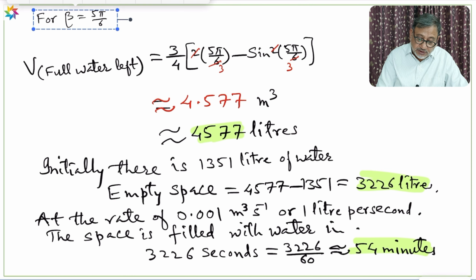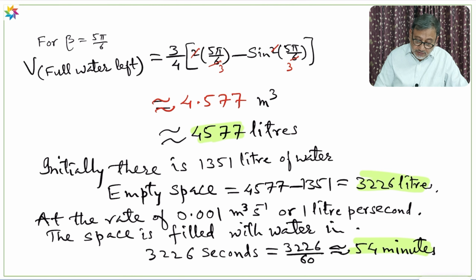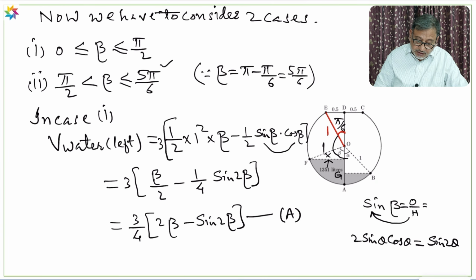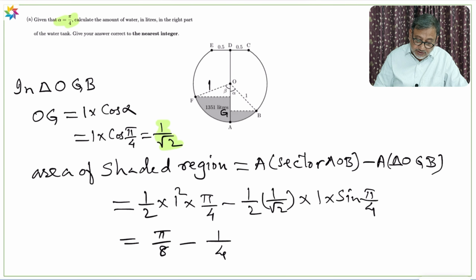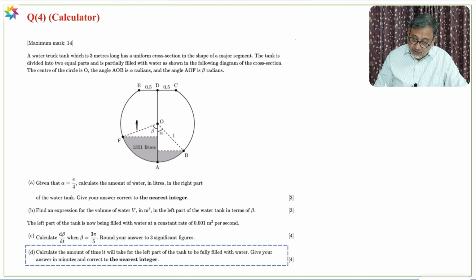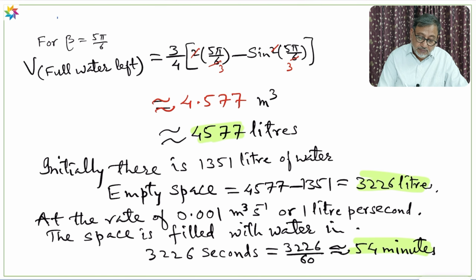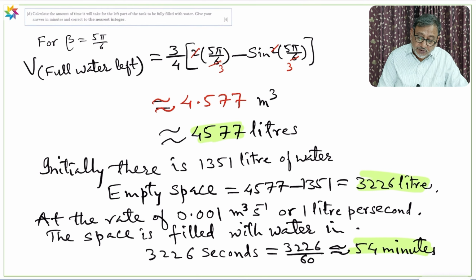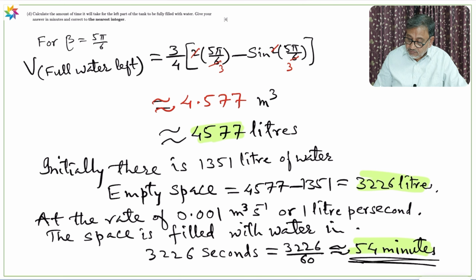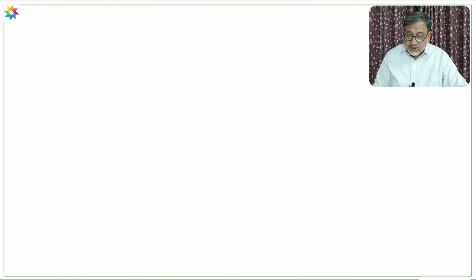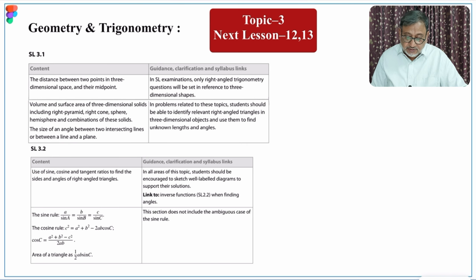Let me reduce it. And I will copy the D part here, because they want the time required, isn't it? Calculate the amount of time. Yeah, here I will paste it. So this was the D part. So like this, we have completed the whole answer, right? Okay, then with this we end this session.